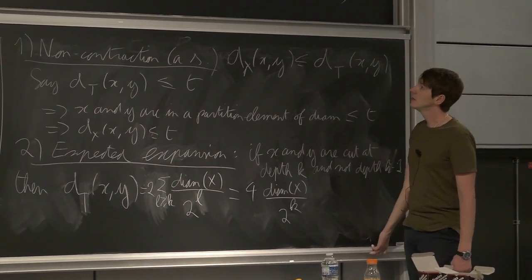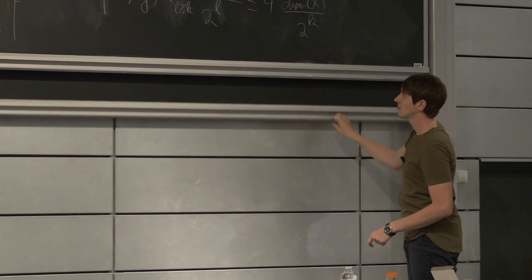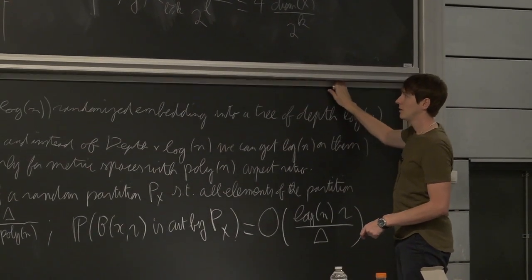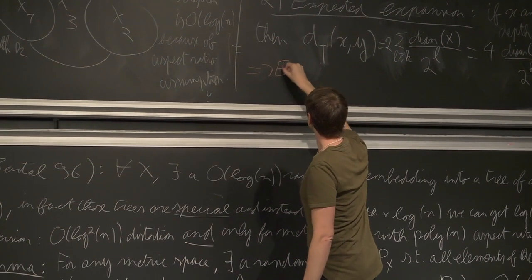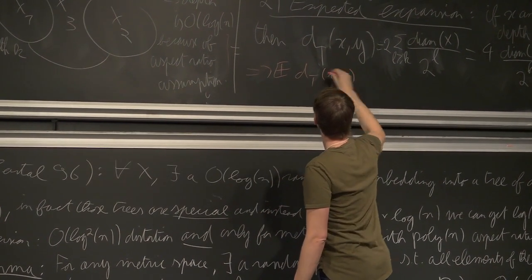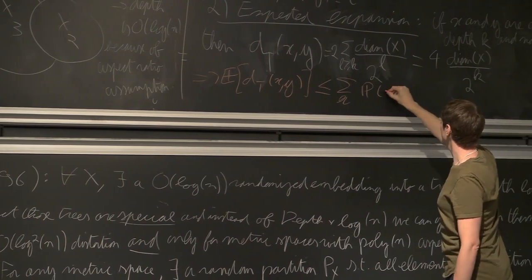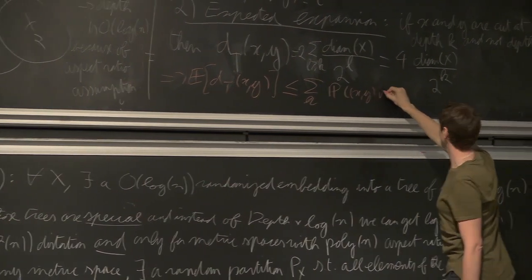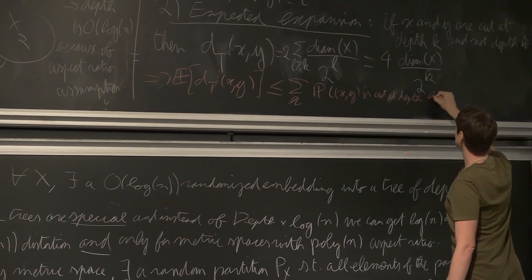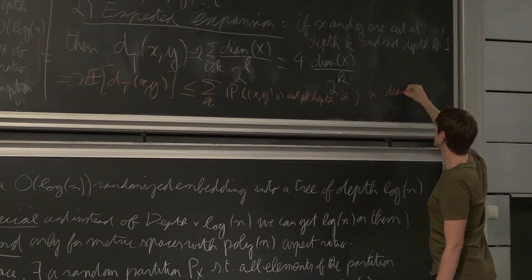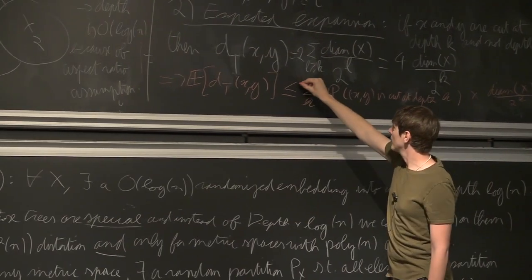Okay, so let me say this again. This implies that the expected distance in T between x and y is smaller than the sum over k of the probability that the segment xy is cut at depth k, times the diameter of X over 2 to the k, with a factor 4.